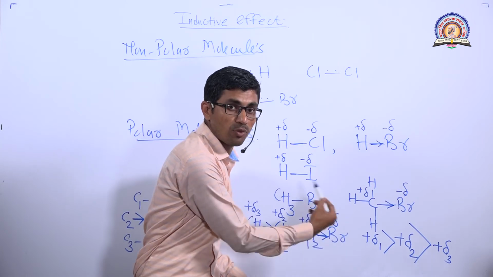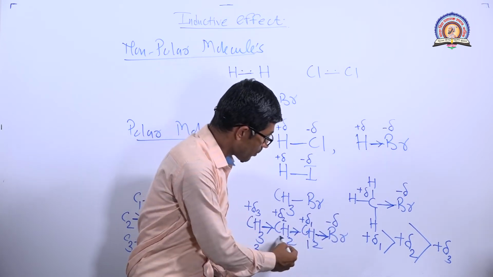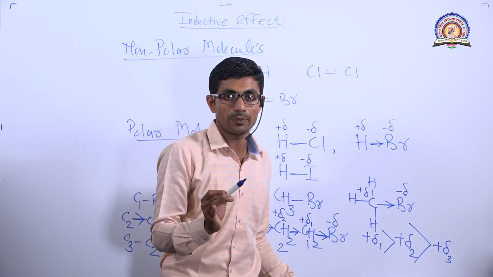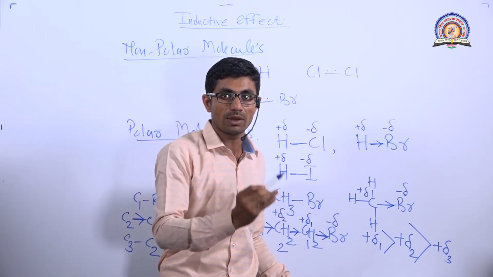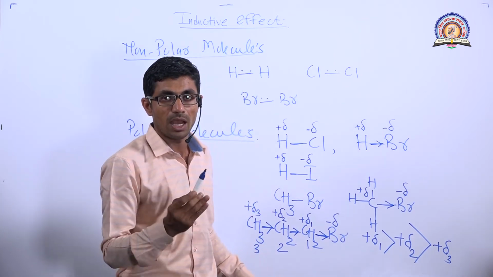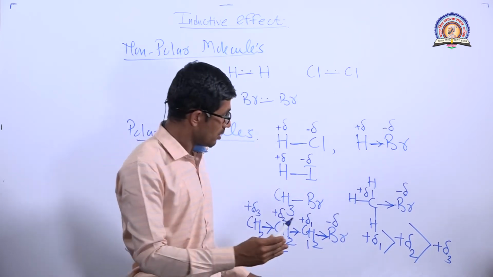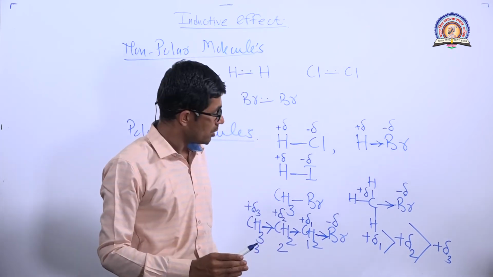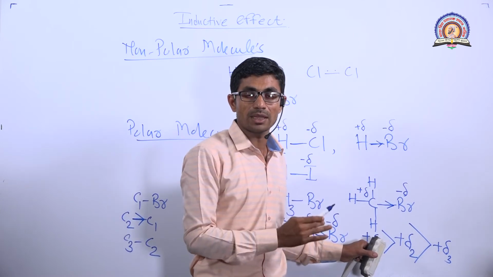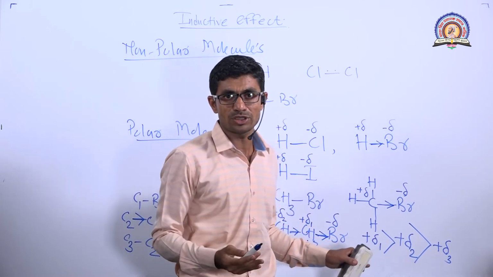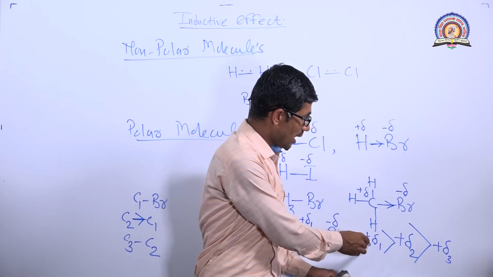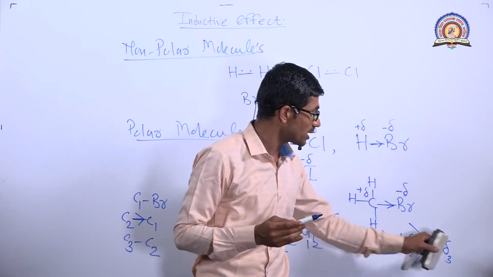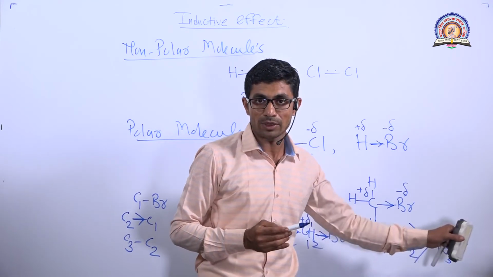Because of this polar bond, the bond between C1 and C2 carbon also becomes polar. And because of this, the C3 and C2 bond also becomes polar. So when you compare the partial positive charges, this has the higher magnitude as compared to delta 2, and delta 2 compared to delta 3. Okay, this is the magnitude.